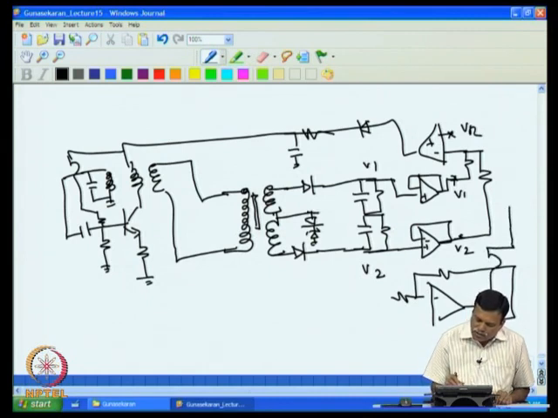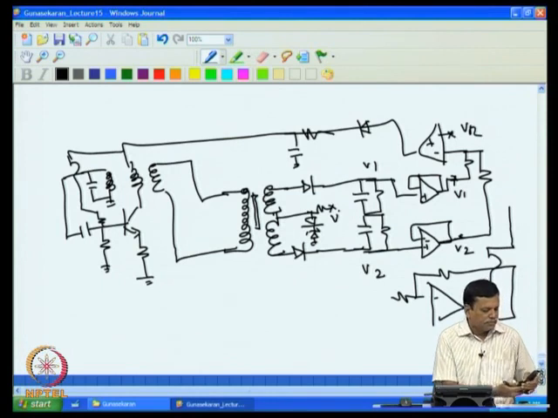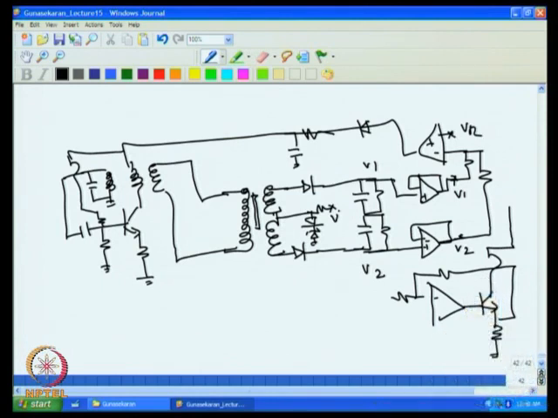Of course, this is to be biased also to the power supply V. So this is connected to V. You have this also connected to V.